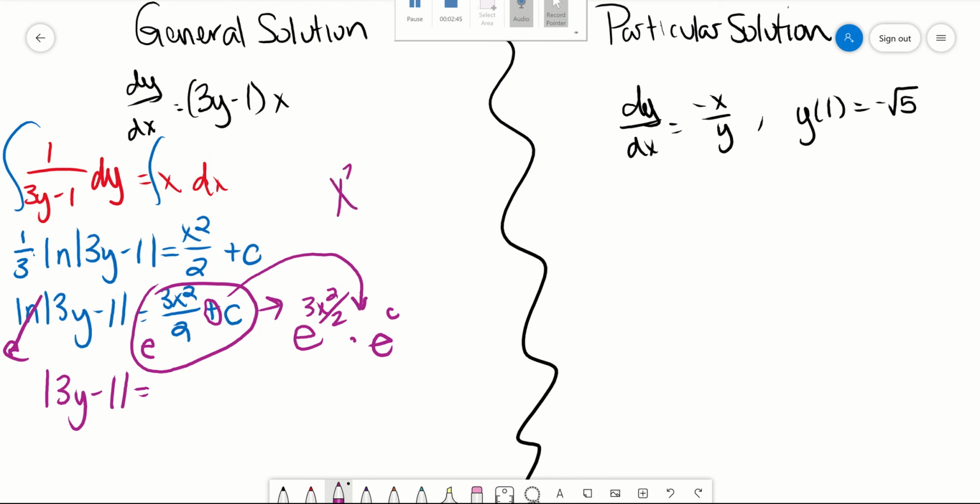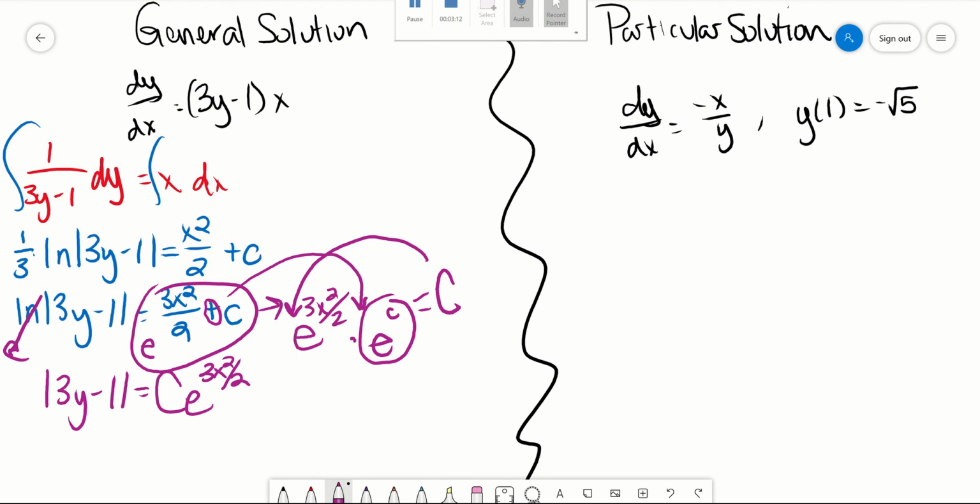So if you think through x squared times x to the 5th, that's equal to x to the 7th, because you took these two exponents and added them together. So e to the c is just another constant, so we're going to call that a capital C, and we'll just pull that out front. So this is equal to C e to the 3x squared over 2.